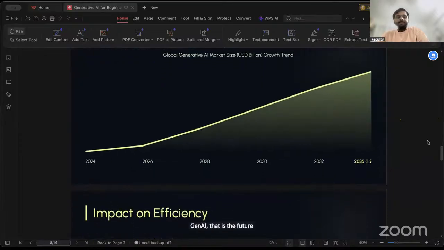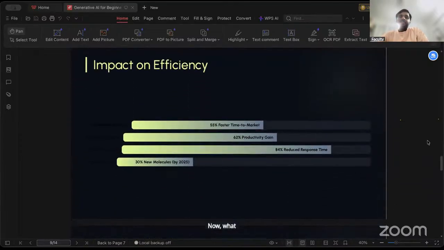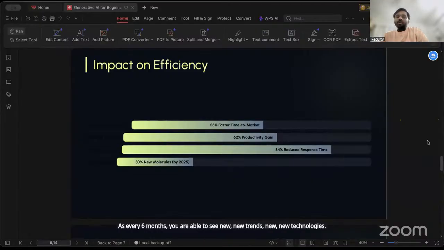That is the future. Now, what is the impact? As every 6 months you are able to see new trends and new technologies, the more quickly you upgrade your skills, the likelier it is that the market will adapt to you. It will quickly give you more opportunities in terms of high paying jobs and skills based recruitment.